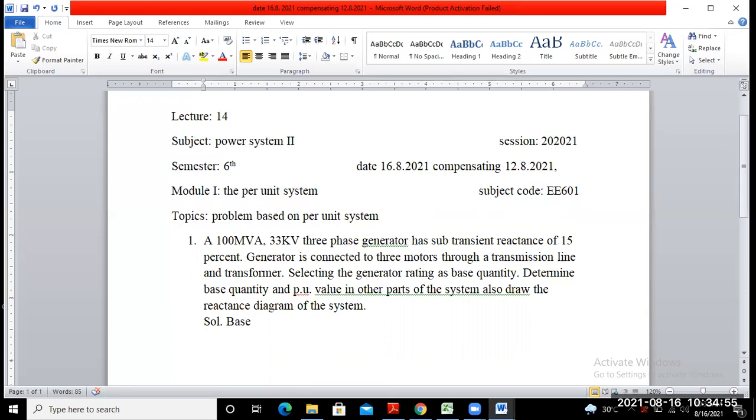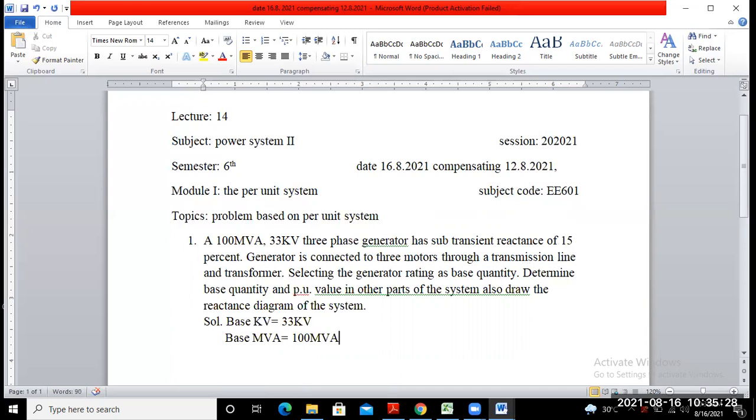So base kilovolt rating equals how much? 33 kilovolt, that is given in your problem. And base MVA rating equals how much? 100 MVA.